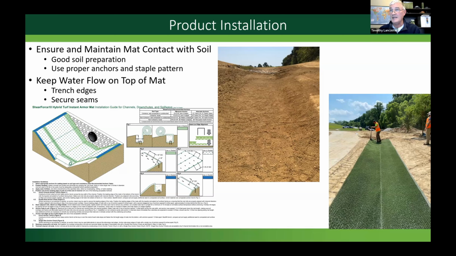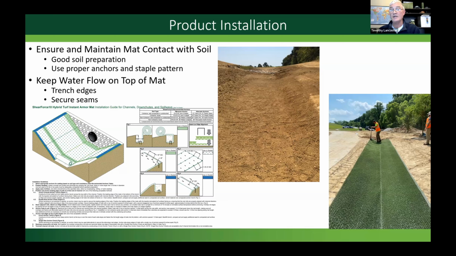One of the ways to get that is good soil preparation. The smoother you can get the soil to start out with, the easier it is to get the mat up against the soil when you install it and keep it there. And then also using the proper anchors and staple pattern depending on the flow conditions and the type of soil you're anchoring into. So you want to get the product against the soil and you want to keep it there.